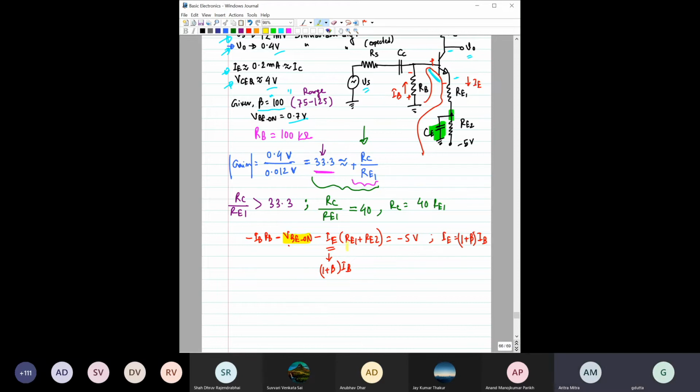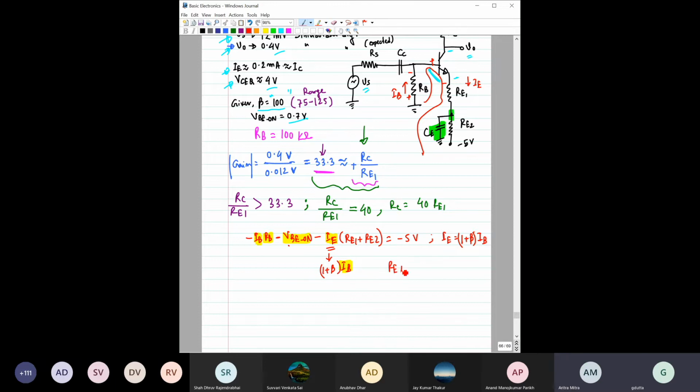So RB is known. VBE is known. What about IB? IB is known because IC is known, and beta is known. So yes, IB is known. RB is known. So only RE1 plus RE2 is unknown. When IE is known, IB is known. So here you will get RE1 plus RE2.